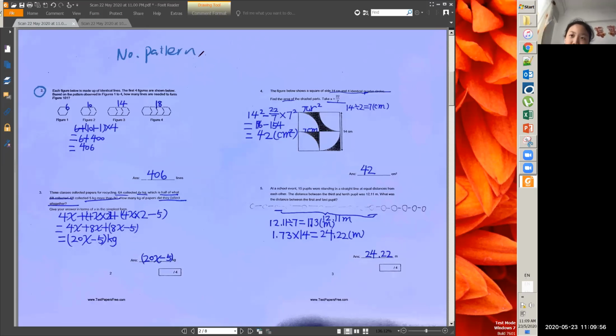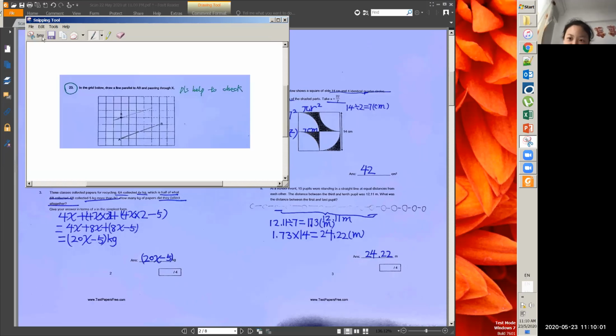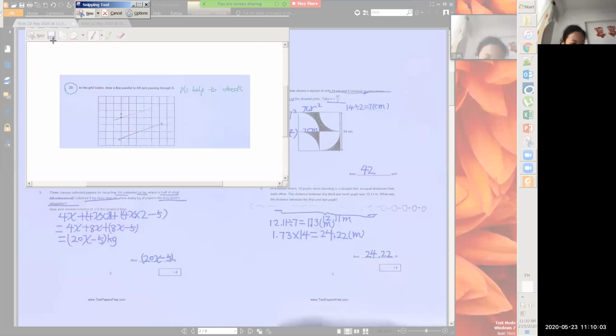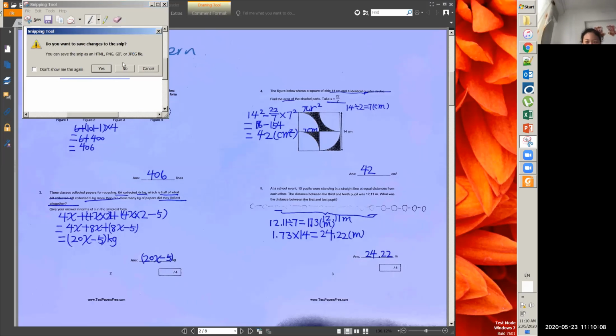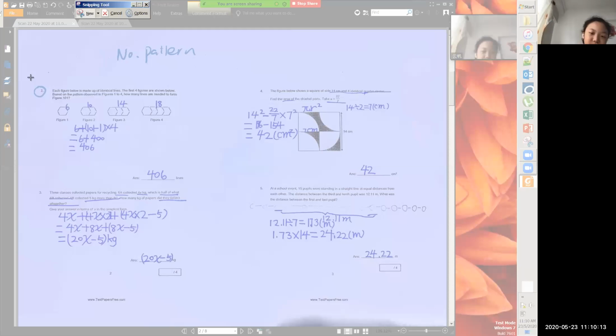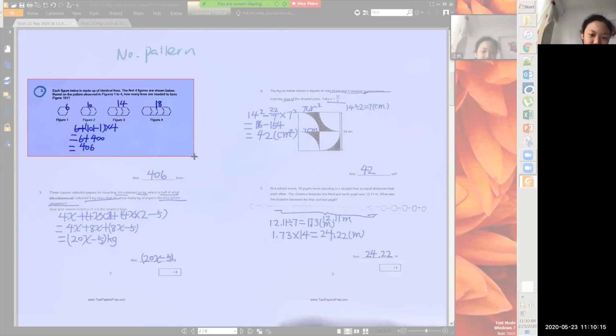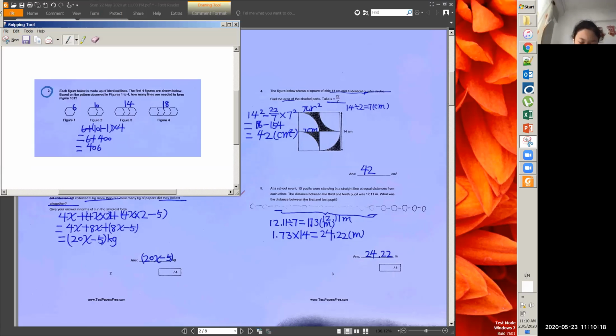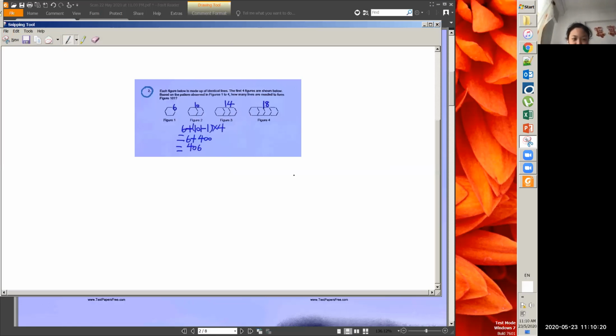Okay, so let me get this question out. For this question, we have a formula for number pattern questions.